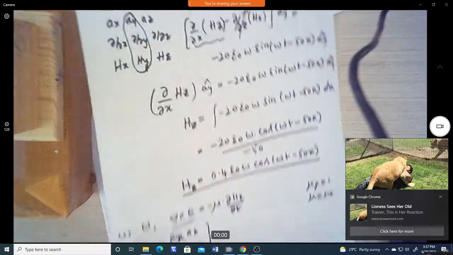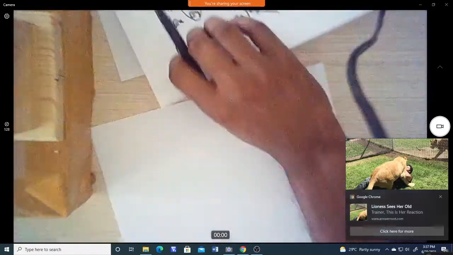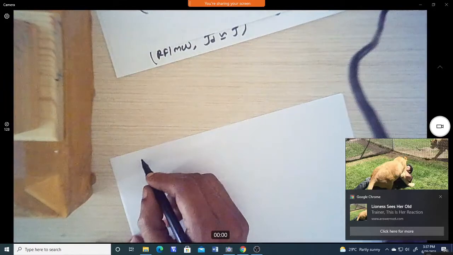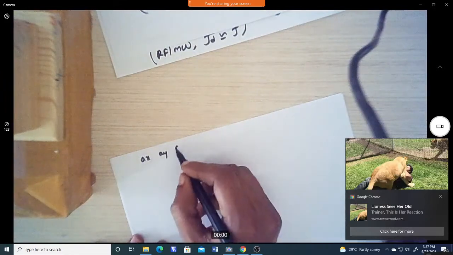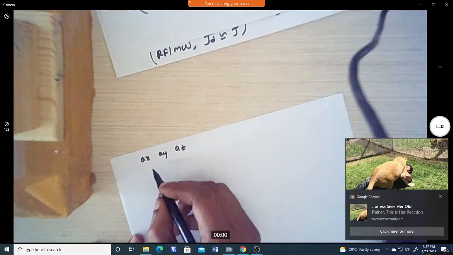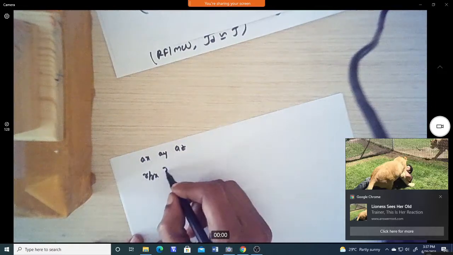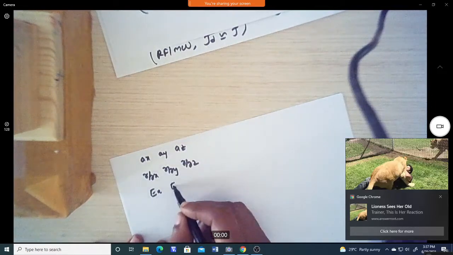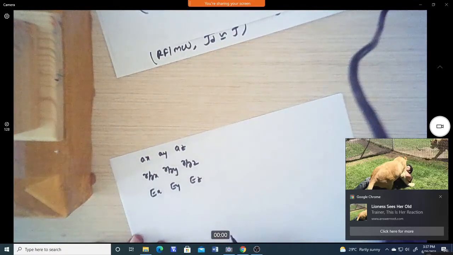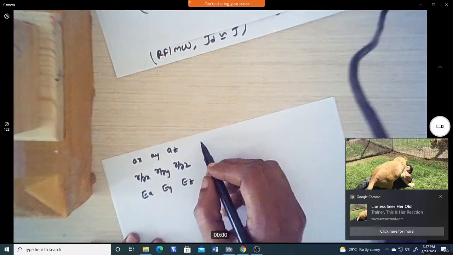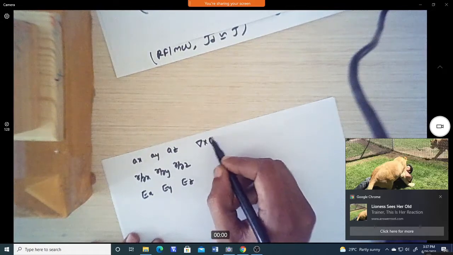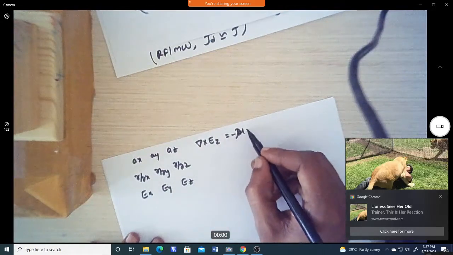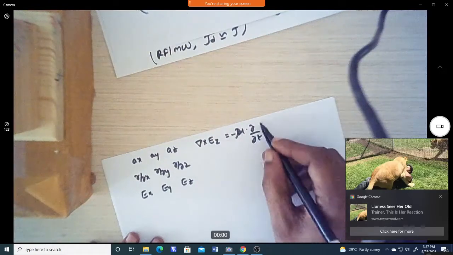So that we need to take: ax, ay, az; del by del x, del by del y, del by del z; ex, ey, ez. So this is del cross E, which is equal to minus mu into del by del t of Hz.